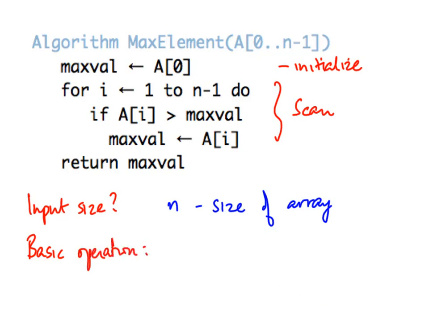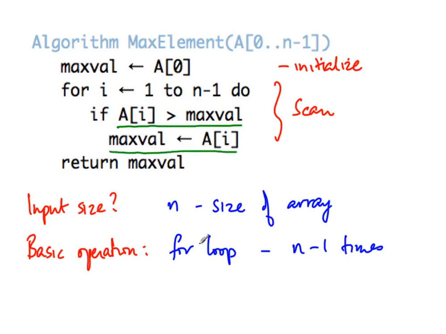So as we can see, there is an outer loop. So there is a for loop which happens n times, or n minus 1 times actually. And then inside the for loop, we have two things happening. For every i, we have a condition check, A[i] greater than maxval. And if this condition is true, then we have an assignment of A[i] to the value maxval.